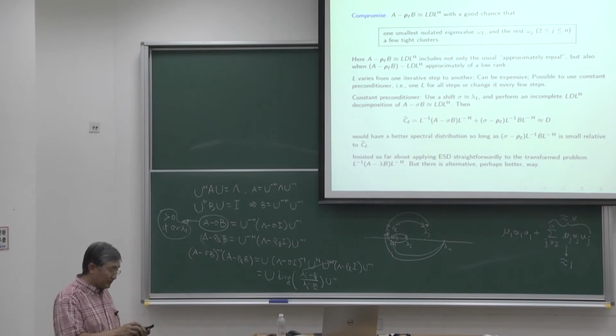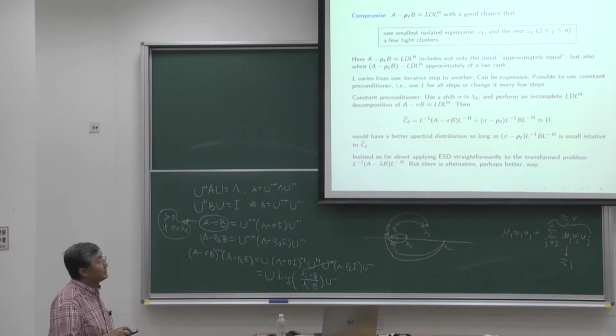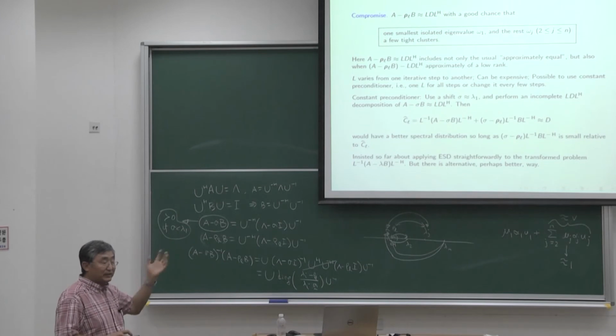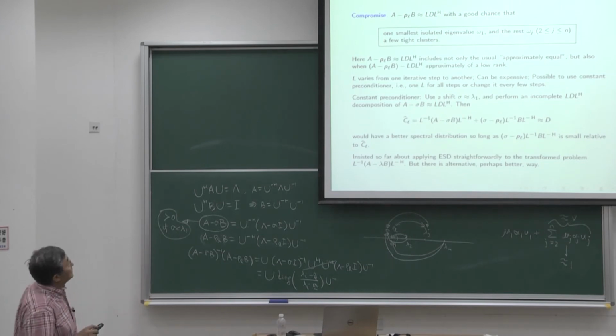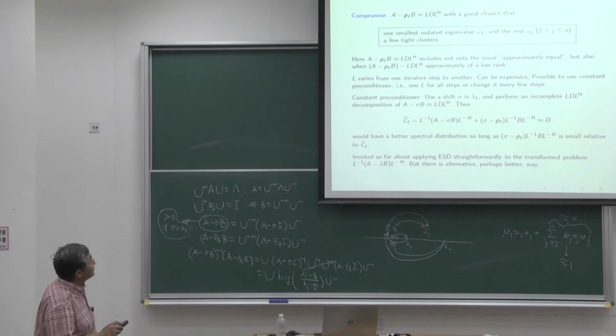But each step is going to cost a lot of time to compute. So one idea is that we can fix L, just use one L for all the iterations, and that may be even faster, because the preconditioning computation is really not cheap. Okay, so that's one of the ideas.